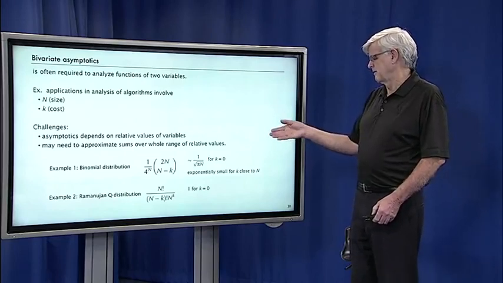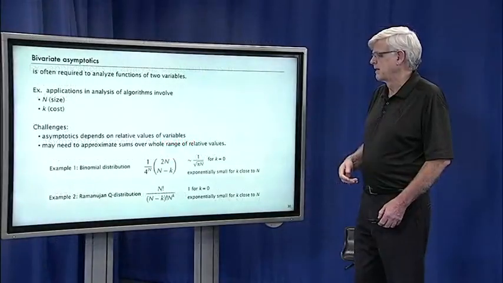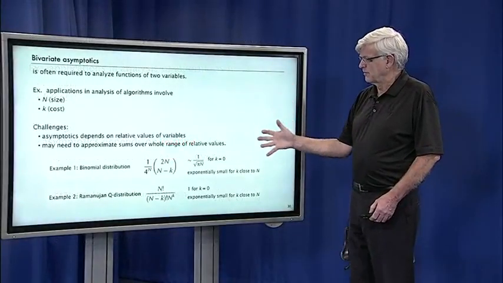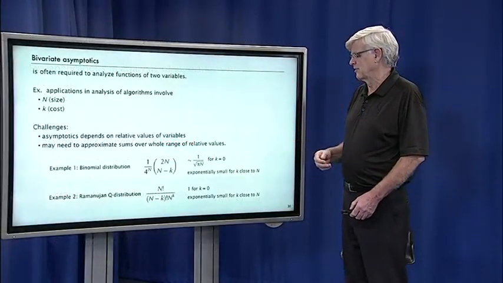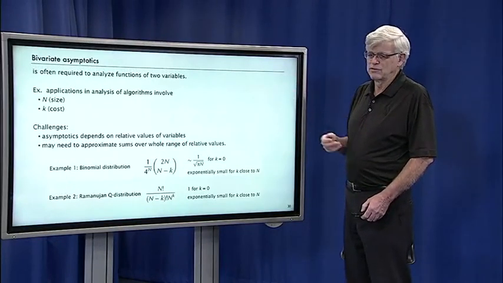In that one, if k equals 0, it's just n factorial over n factorial, it's 1. But if k is close to n, that one is exponentially small. n to the n is way smaller than n factorial. So those are the types of functions and the types of challenges that we face with analyzing functions of two variables.